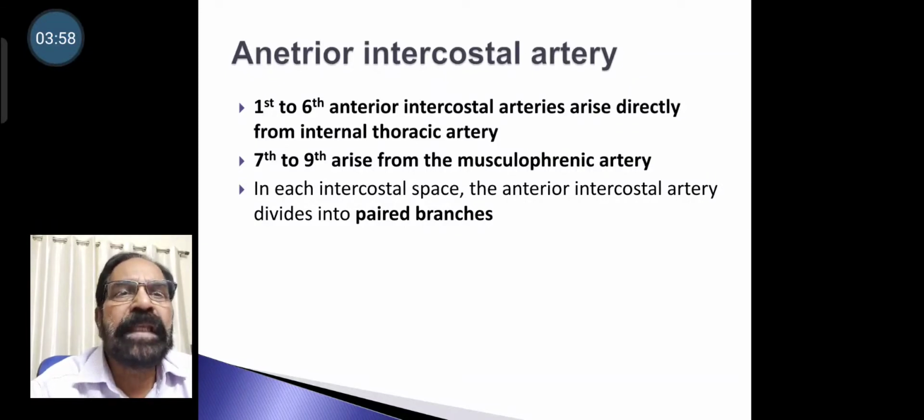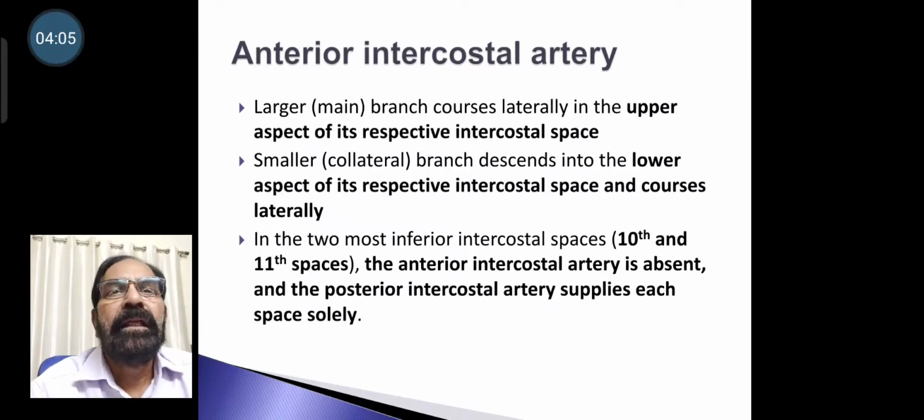In each intercostal space, the anterior intercostal artery divides into paired branches. The large main branch courses laterally in the upper aspect of the respective intercostal space. The smaller collateral branch descends into the lower aspect of its respective intercostal space and courses laterally.